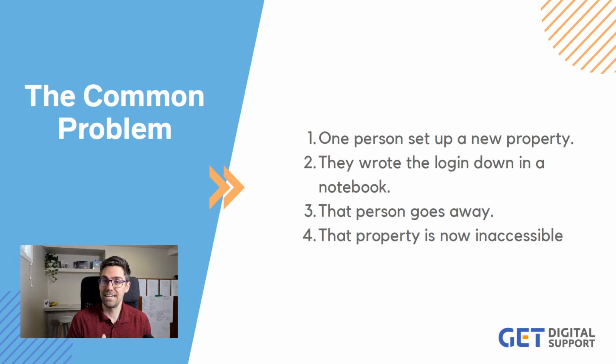A lot of volunteers come in and set things up, and then they go away, and that seems to make this a more common problem within charities than businesses. Essentially, one person sets up a new property, whether that's a Facebook page, an Instagram account, whatever. Sometimes they'll write that login down in a notebook. Then that person goes away, and the property is now inaccessible.